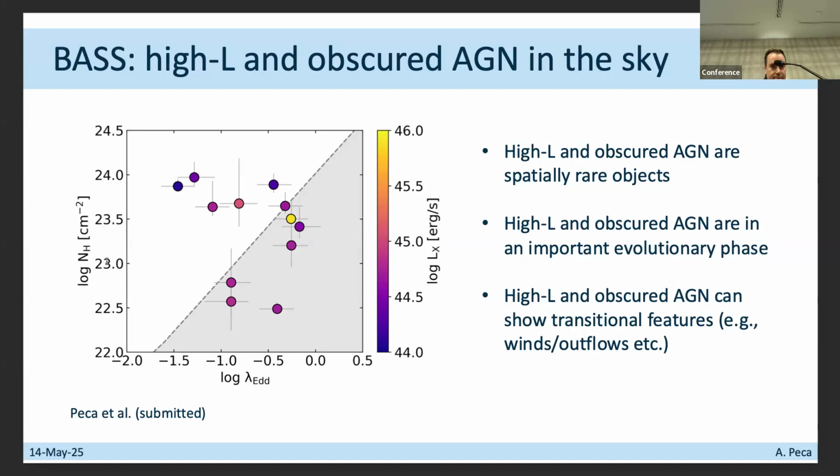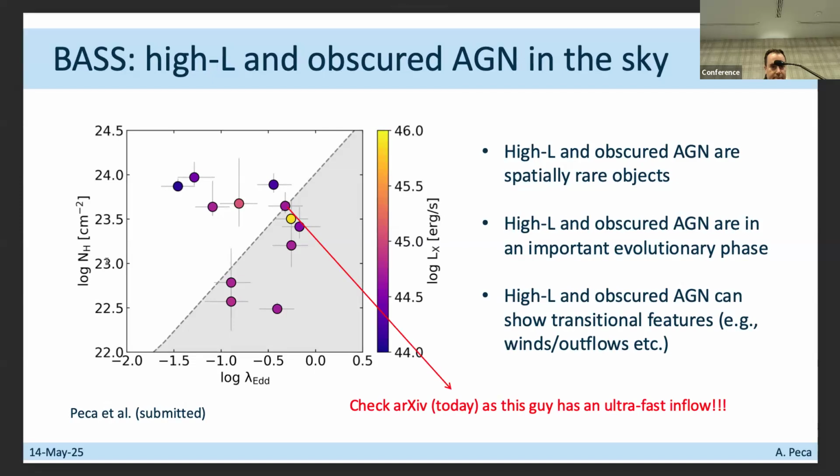And this is also important because in these specific sources, you expect to see transitional features, for example winds or outflows. But guess what? If you go into the archive today, this guy over here, which is at the very edge of the forbidden region, we found an ultra-fast inflow, which I think is extremely interesting.